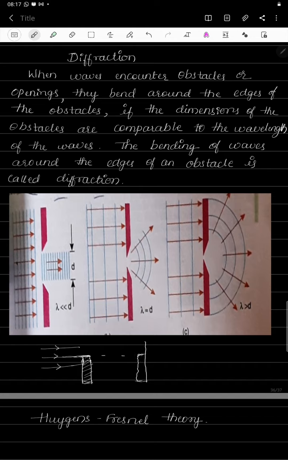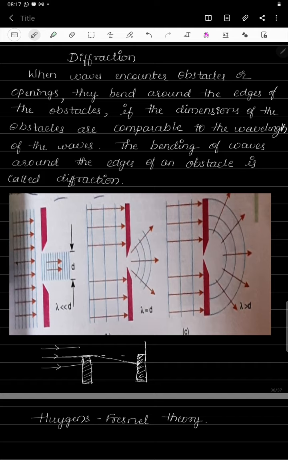So here will be the shadow of the obstacle, but actually what happens is that at the edge of the obstacle the light waves bend instead of going in a straight path. These light waves bend around the edge of the obstacle and hence enter the shadow region.